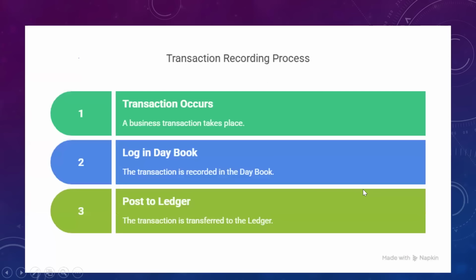Like your receipt, for example. So what happens? A transaction will take place. It will be noted on a source document. Then the source document will be used to record it in the relevant journal. And then from the journal, it would go towards the relevant ledger.